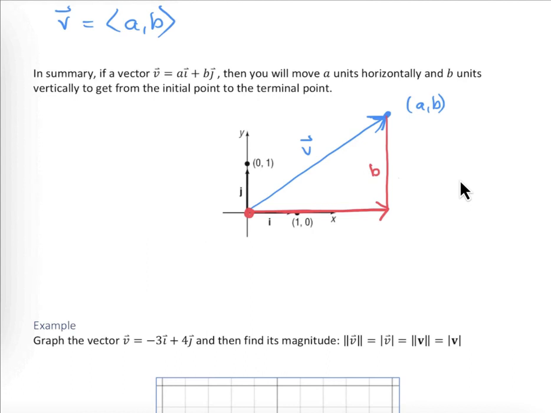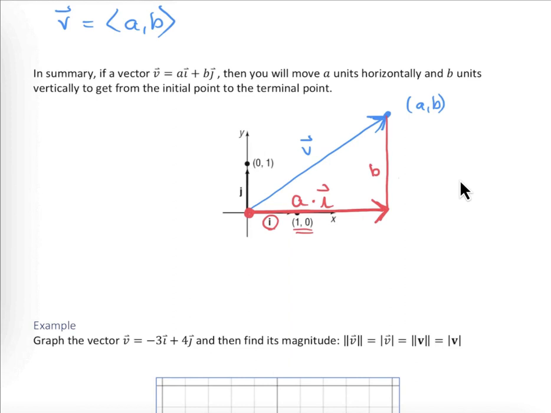And this vector, because it's in the same direction as my i vector, which, remember, is this unit vector that has magnitude 1 ending at 1, 0 because the initial point is at the origin, well, if I want a vector that is as long as the side of this triangle, then I'm going to multiply my i vector by that value a in order to stretch the i vector out to being as long as I want it to be.